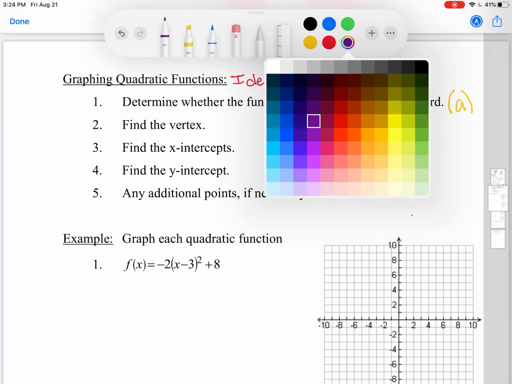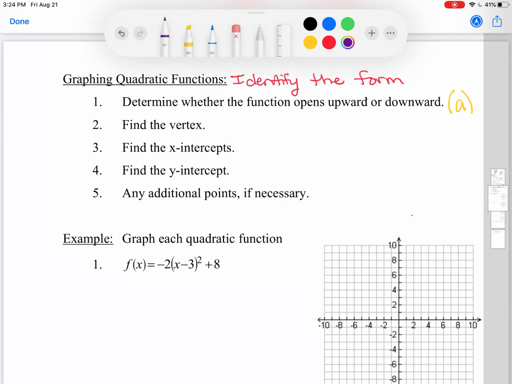Now, one thing I do want to point out is we only need this if we need to get to 3 points.